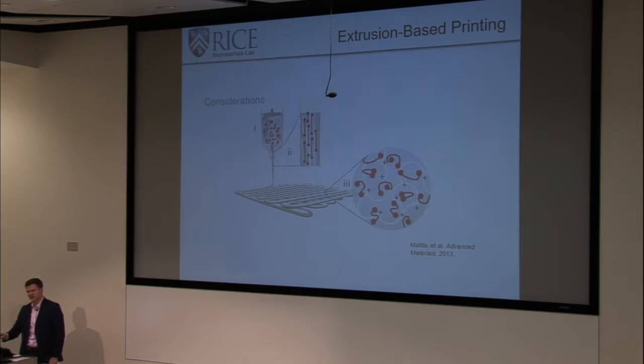It's absolutely important to consider how this transition affects the viscosity of your print, as well as how that'll affect cells. And like I said, we'll get far more into that later.